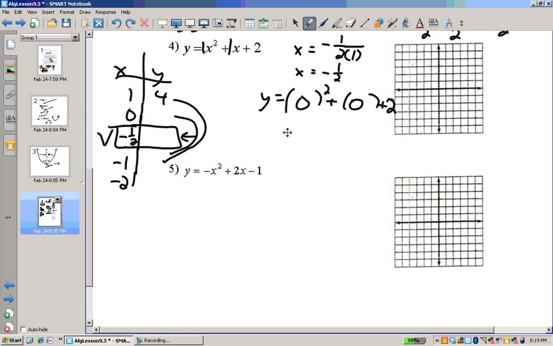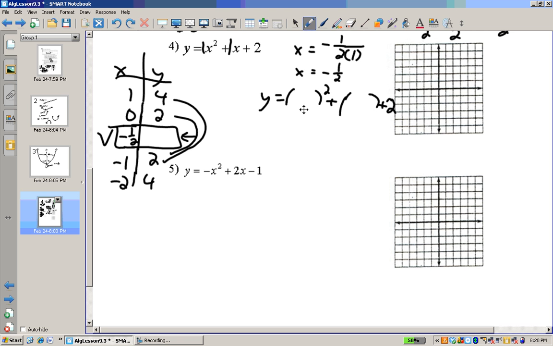I always love plugging in 0. 0 squared is 0, plus 0 plus 2, so that's just 2. If everything went according to plan, this will be 2, and this will be 4. But let's double check with, say, negative 1 and see if that's the case. Negative 1 times negative 1 is 1, plus negative 1 plus 2. 1 plus negative 1 is 0, plus 2 is 2. So this is working well.